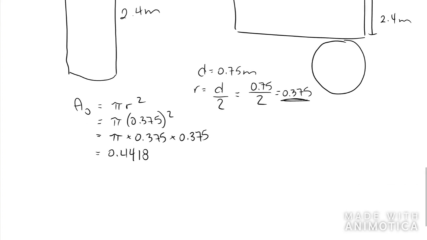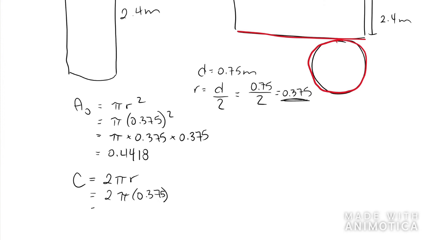So now we have to figure out our length. Remember, to figure out the length of our rectangle, we need to find out the circumference of our circle, which is 2 pi r. So when I plug it in, I get 2.356.